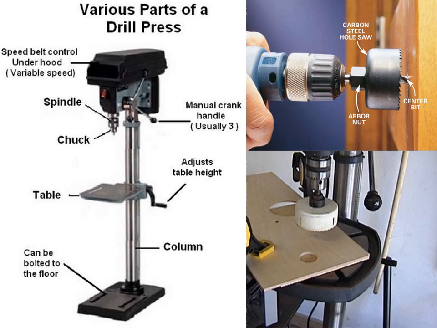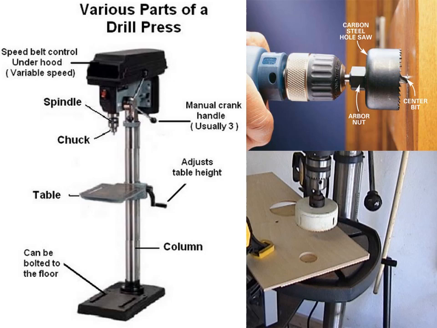Also shown in this picture on the right, you have a couple examples of hole saws, which are basically just big circles, like a saw blade that's wrapped into a circle. Those can cut you a nice clean circle out of a piece of wood, which can be great if you're making little wheels.